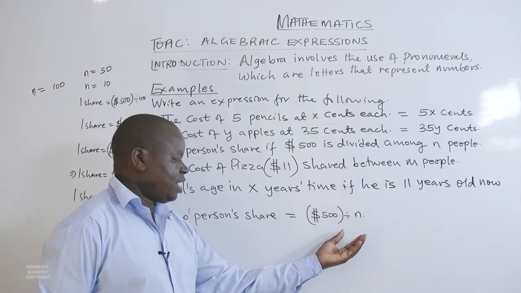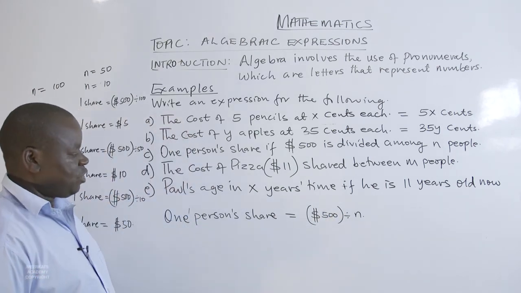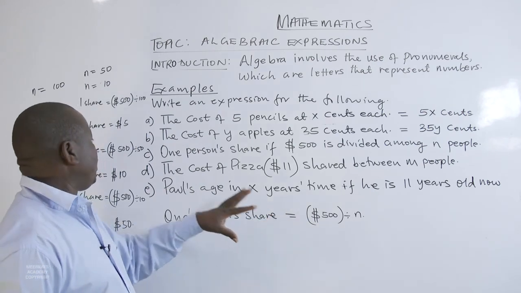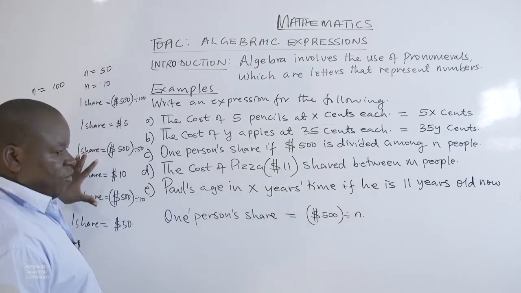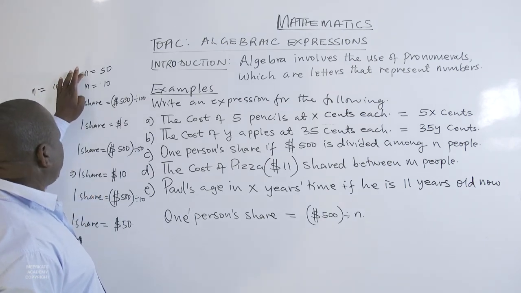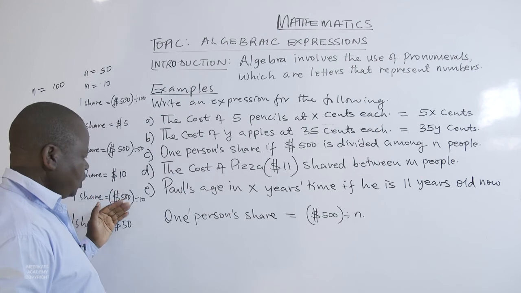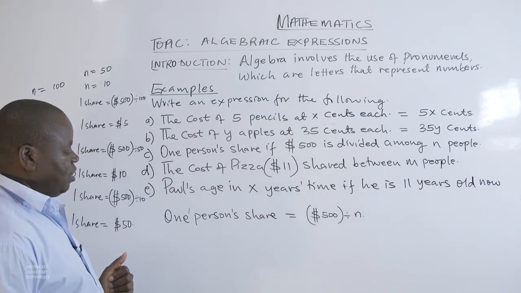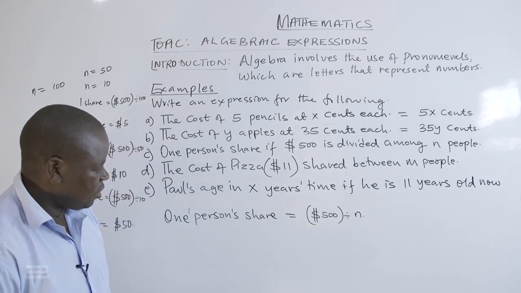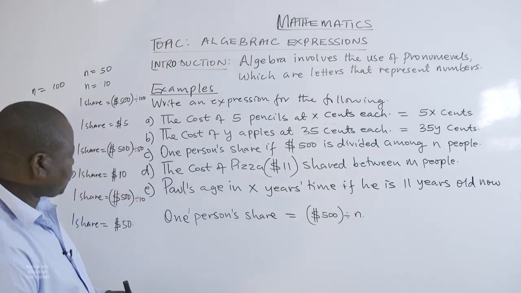Once you have that, n can be any number, because remember, these are algebraic expressions. We started with n as 100, n as 50, n as 10, and that is how we get a person's share. So we leave it like that.